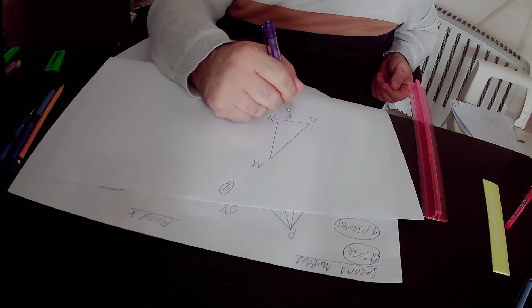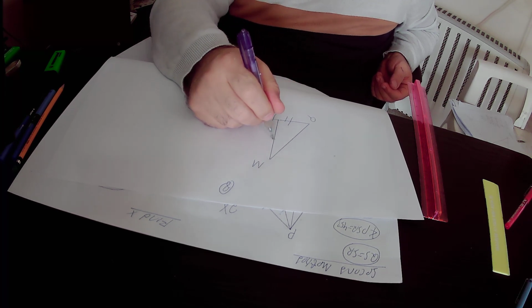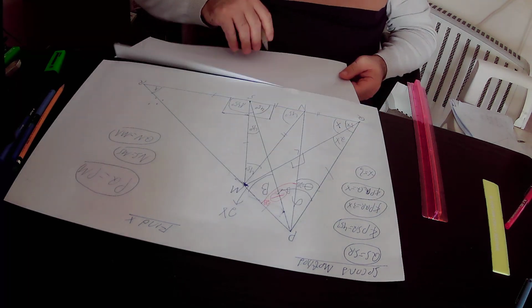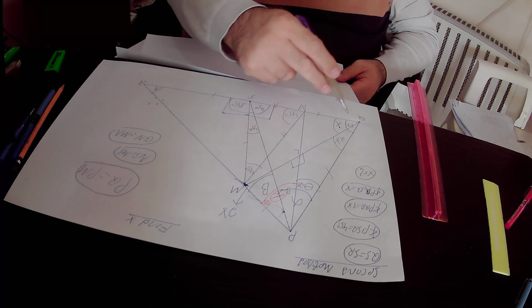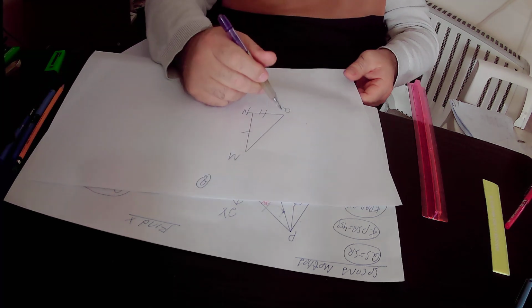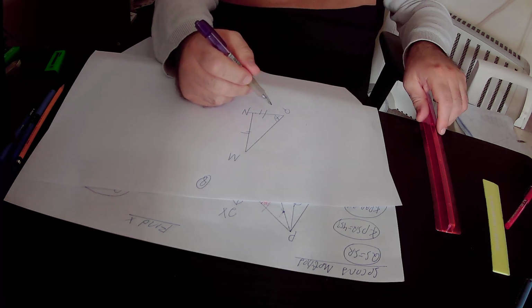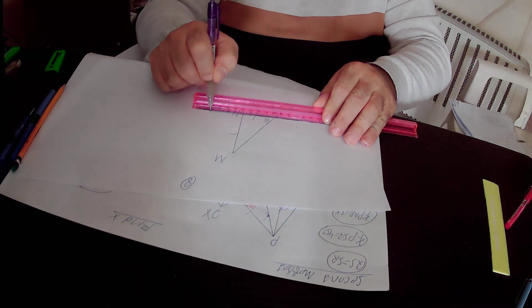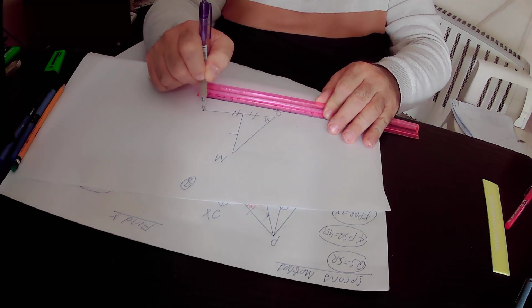You know that QN equals MN. Angle MQN equals x.